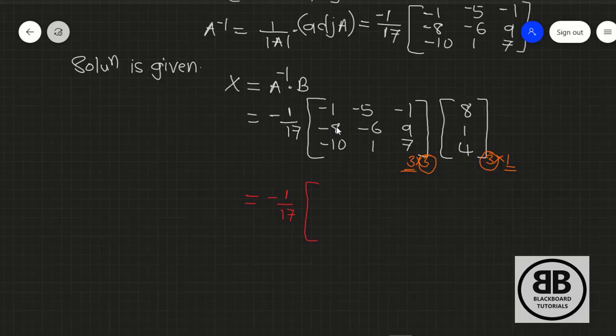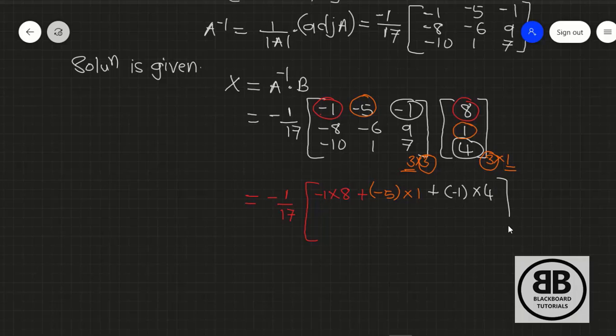So it is given by minus 1 into 8 plus minus 5 into 1 plus minus 1 into 4.